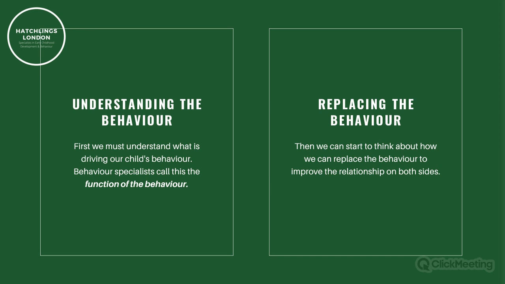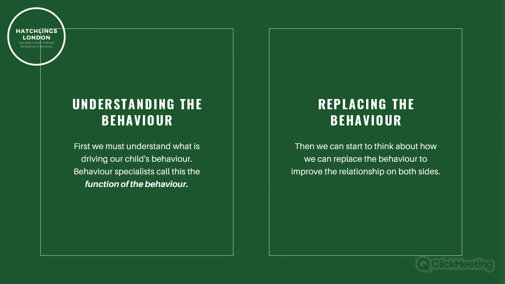Once a behaviour is in place and serves a particular function, it is self-perpetuating. People always come to us saying they want to get rid of a behaviour, and we have to tell them you can't get rid of behaviour, but you can replace it and reshape it into something much more positive that achieves the same results for you and your child, in a much quicker, easier and more enjoyable manner for both of you. By making these tweaks, we can really improve the relationship and reduce frustration on both sides.